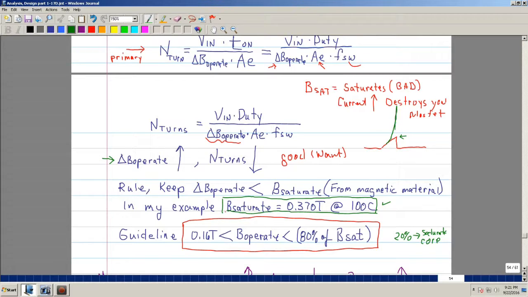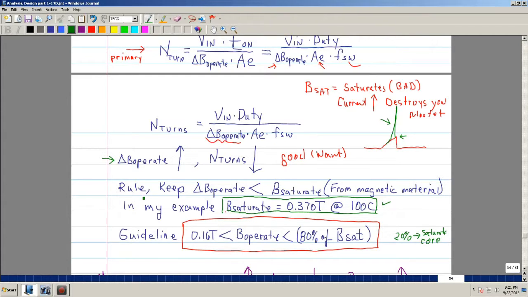It goes way up. So if you see a current waveform that looks like this, where instead of being linear it spikes up like this, your transformer's saturating. So you don't want that. Very important.